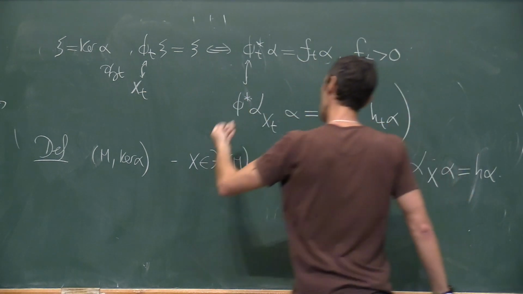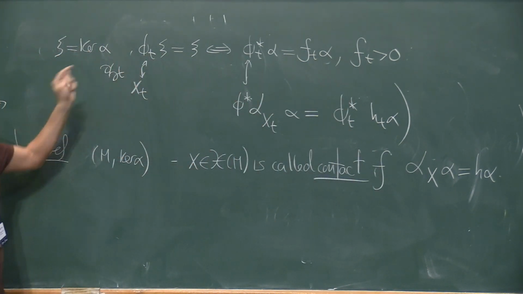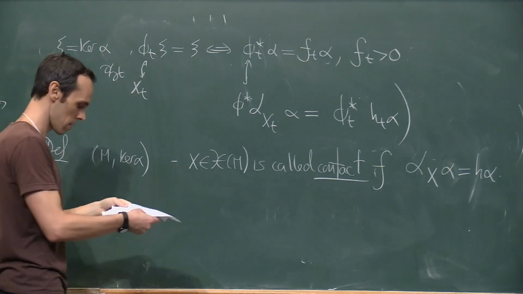And of course, if you can integrate this vector field into an isotopy, what you will get is an isotopy that fixes the contact distribution.